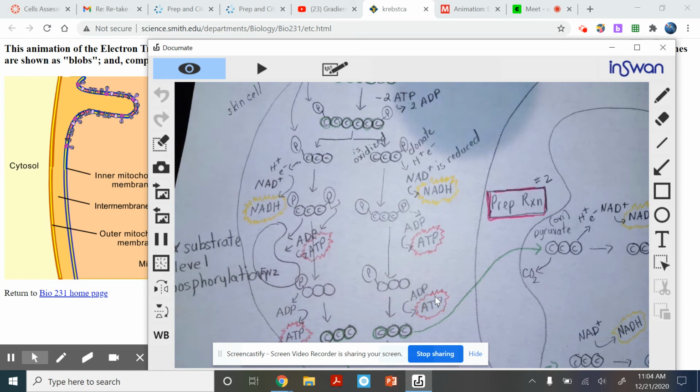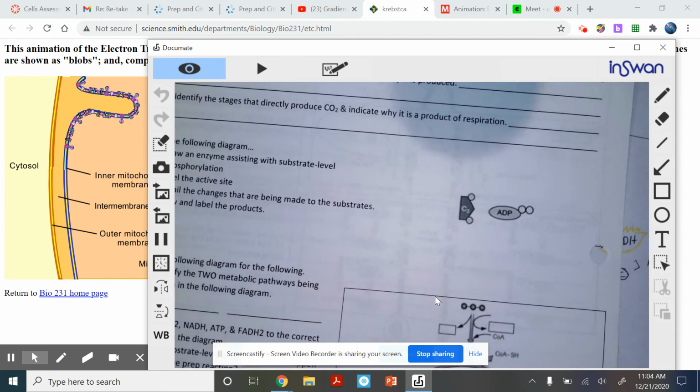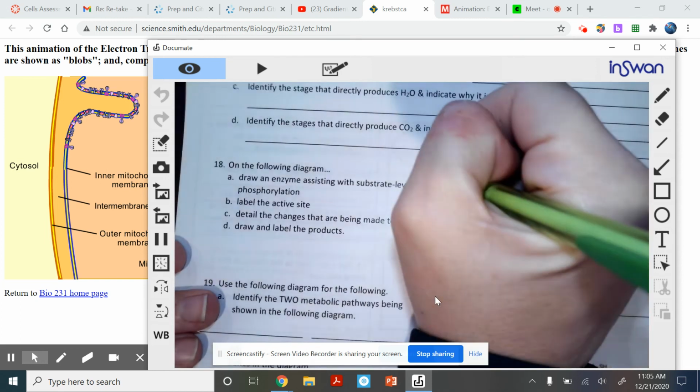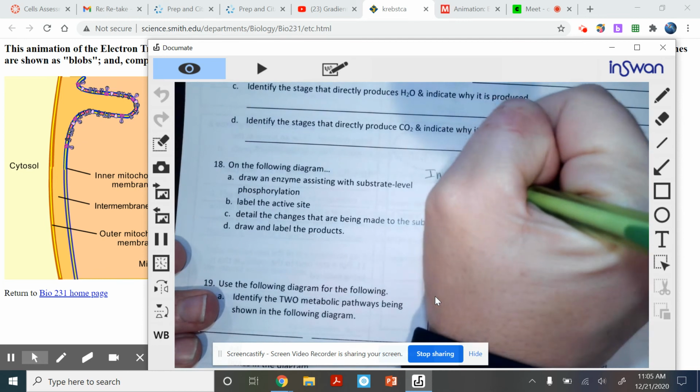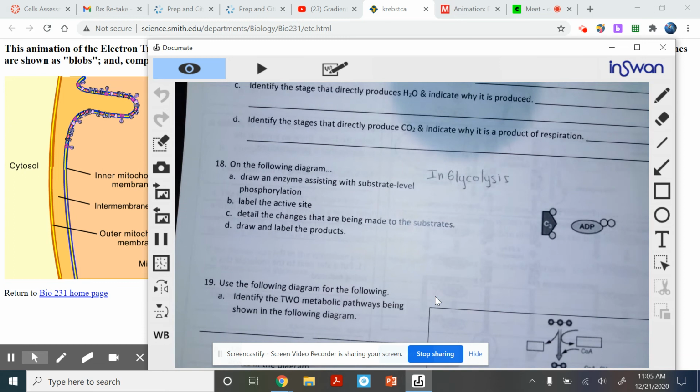Let's go to 2.4 there on the back page. Okay, so this is question number 18. One thing that we note, this happens in glycolysis, because we made some ATP in glycolysis.